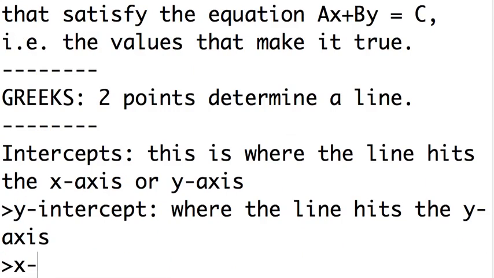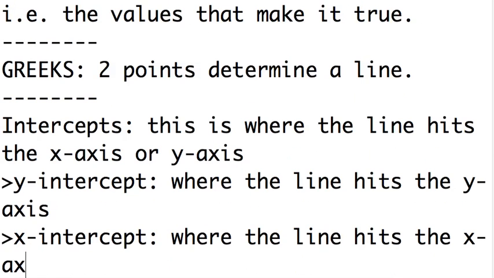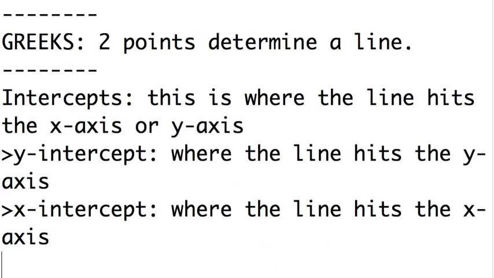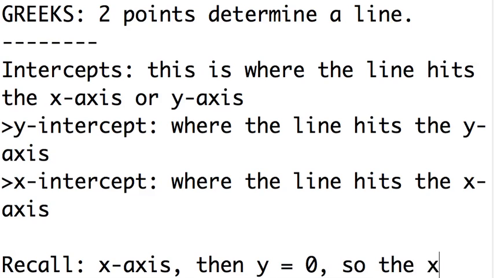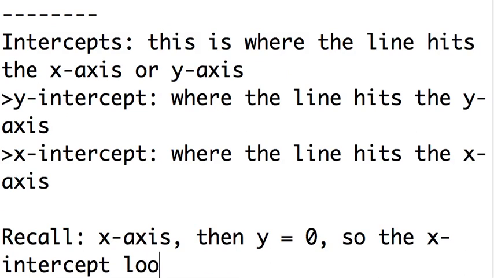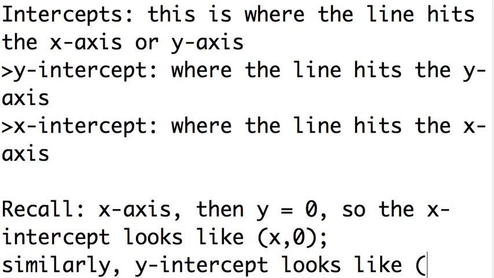And then we also have the x-intercept, and this is where the line hits the x-axis. Okay. Now let's recall that if we're on the x-axis, then the y-coordinate is equal to 0, so the x-intercept has to look like x comma 0. Now similarly, the y-intercept has to look like 0 comma y, because the x-coordinate has to be 0.